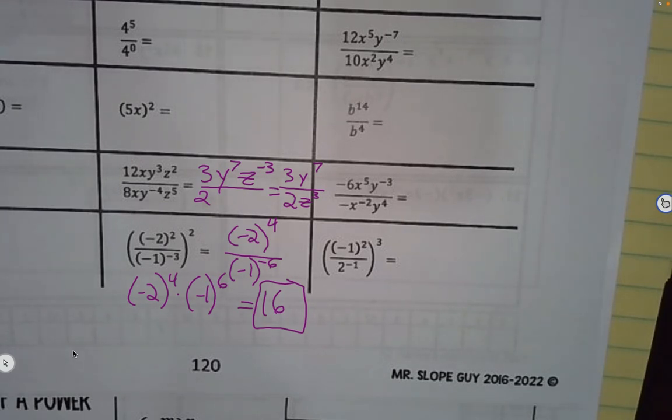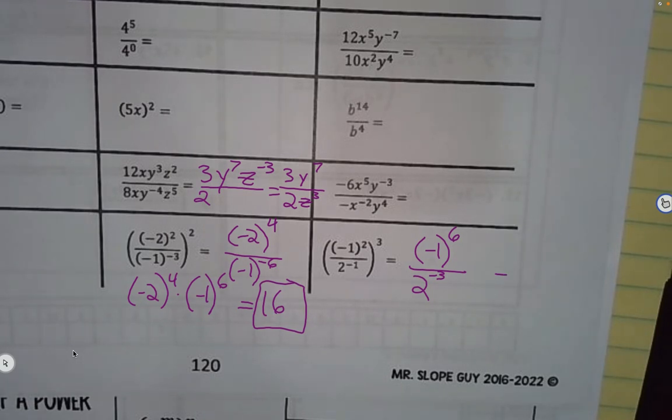Okay, now let's do the next one. So I get -1 to the 6th power, and down here I get 2 to the, yeah, that's a 2, I guess. Is that a 2? Looks like it. To the -3. So, first of all, what do I do with 2 to the -3? You gotta flip it.